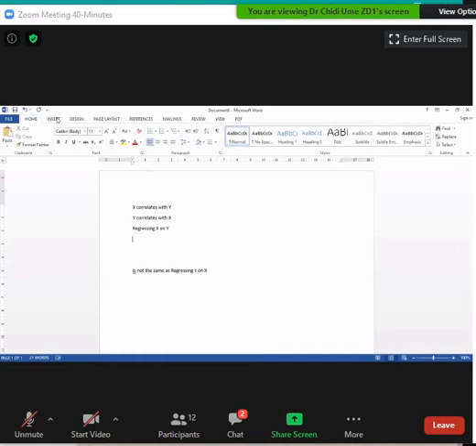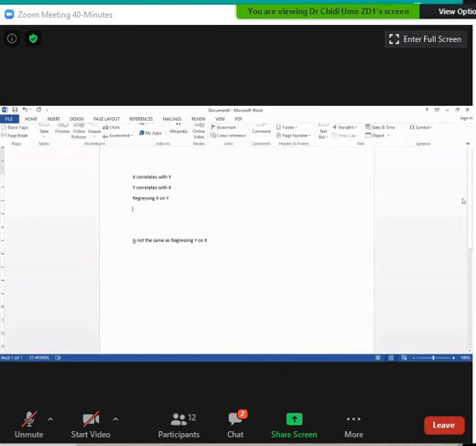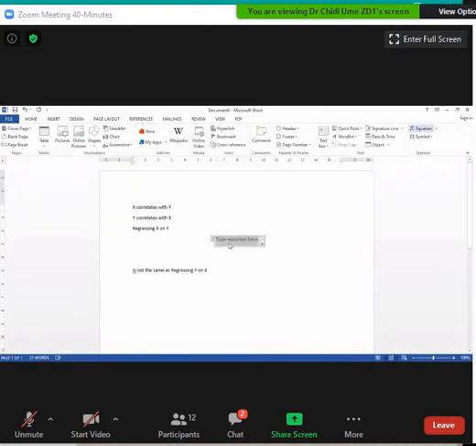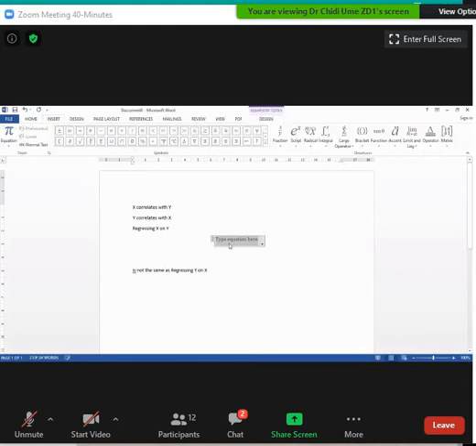Now let me write it quantitatively. What it means is that regressing x on y means x is the regressor and y is the regressand. It means y is a function of x.